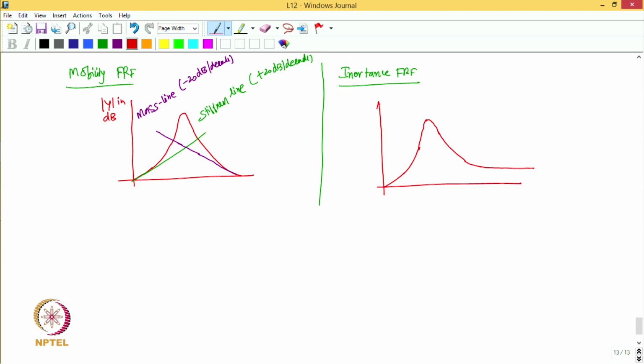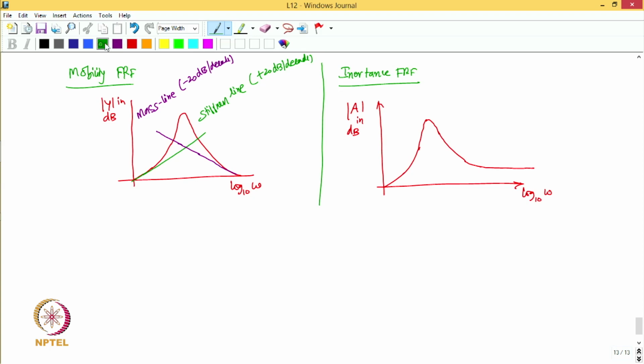Okay. So, this is the inertance. Let me represent it by, say, A, the magnitude of the inertance in dB versus logarithmic frequency. Okay. So, this plot is also on the logarithmic frequency axis.